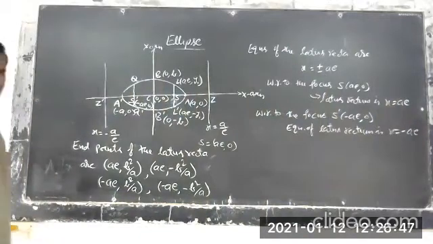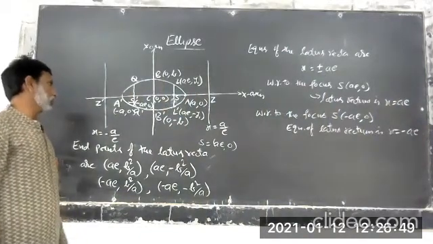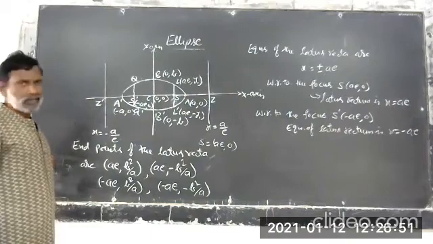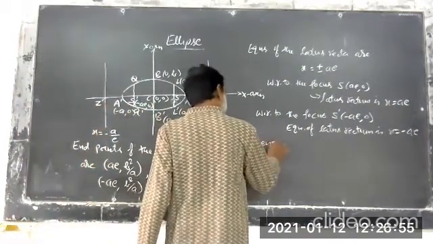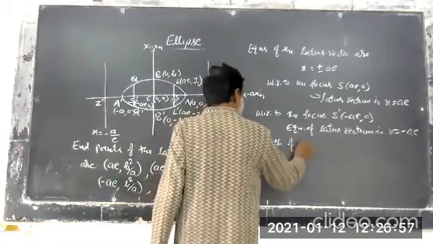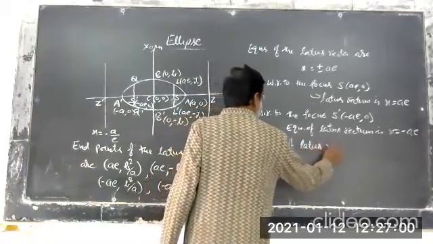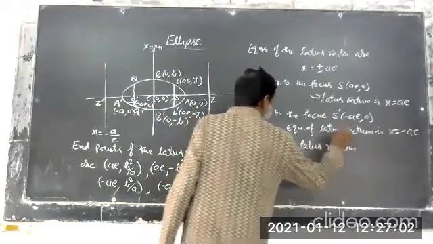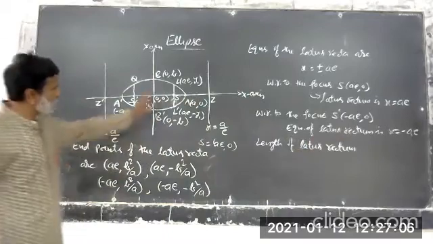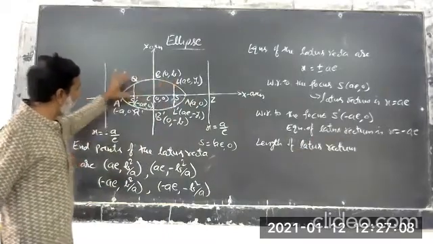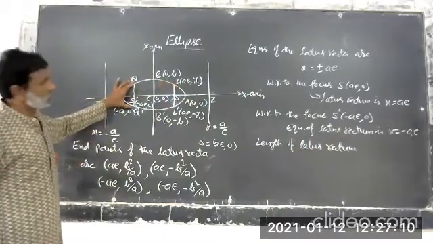After writing the equations of the latus rectum, we could also find the length of the latus rectum in an ellipse. So what is the length of the latus rectum?